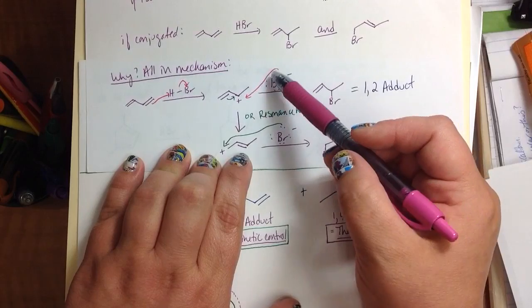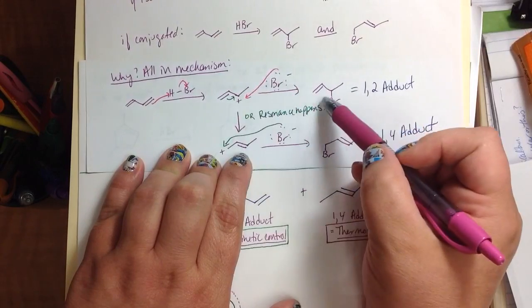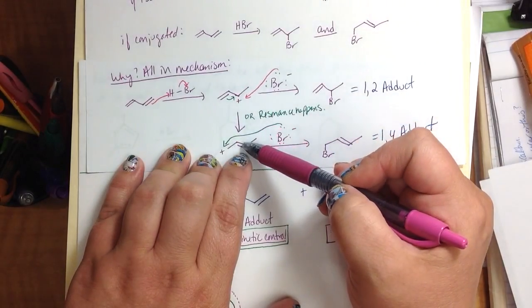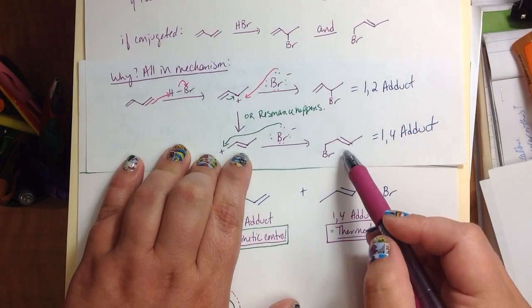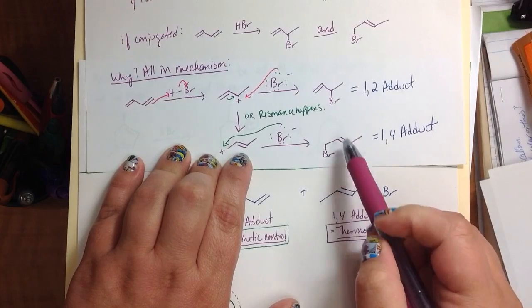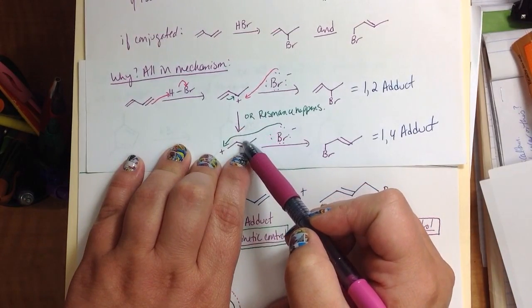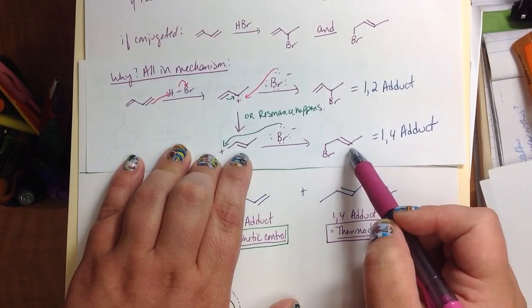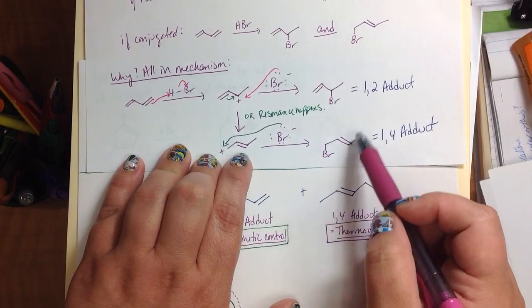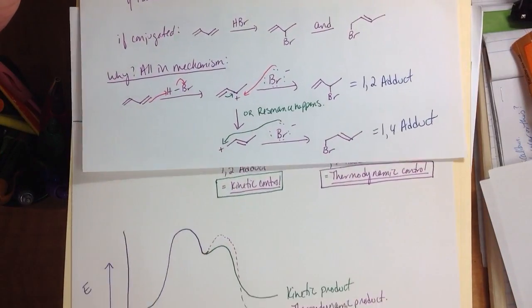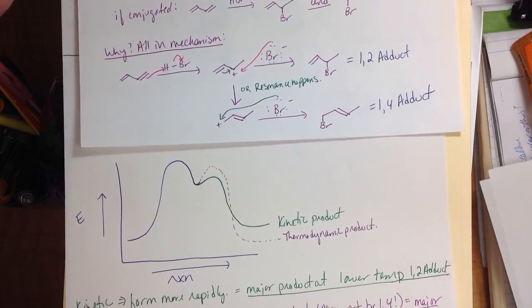The easiest thing to do would be to go boom, and there you go. But this takes a little bit of extra energy. Now, remember how we just said that this was more stable between the two of them? So even though this one puts energy in to make it happen, this guy exists at a lower energy level than this one. So when we're looking at the energy diagram, here's what it looks like.